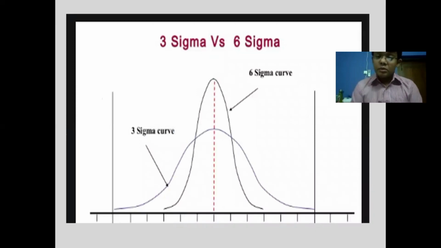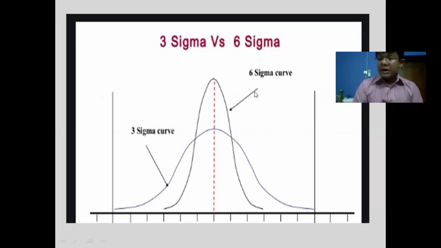Here are two curves, a 6 sigma curve and a 3 sigma curve. For both curves, the mean is this middle dotted line. So if you make a comparison, you see that for the 3 sigma curve, the data are scattered away from the mean.